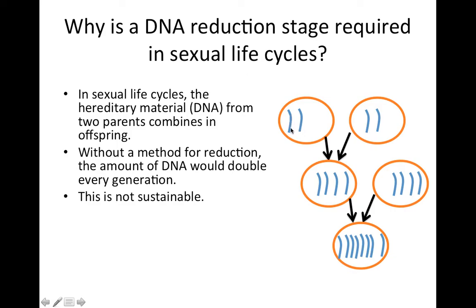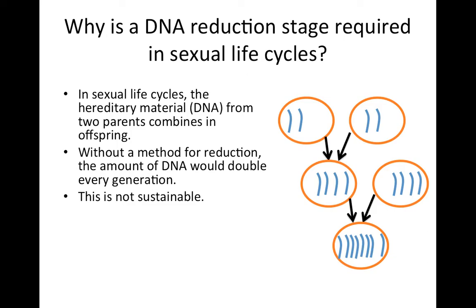Remember that each parent has two versions of each trait, so they have two matching chromosomes. For simplicity, we're going to look at cells with only one pair of chromosomes each, but there could be 2 or 3 or many pairs of chromosomes in each cell. So here's one parent, maybe it's the mom. Here's another parent, maybe it's the dad. They each have their pair of chromosomes.